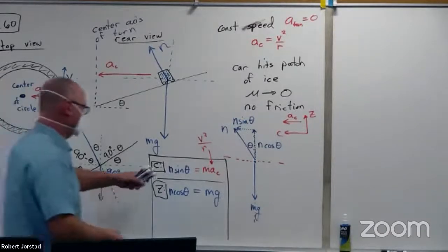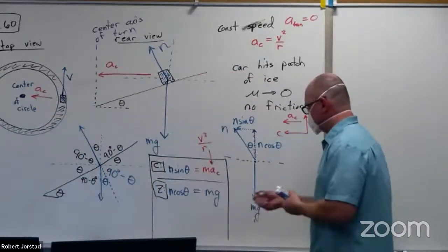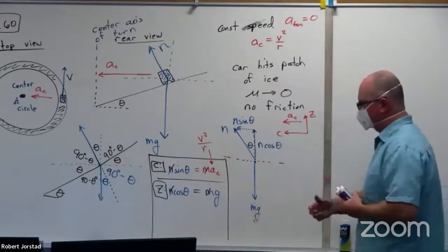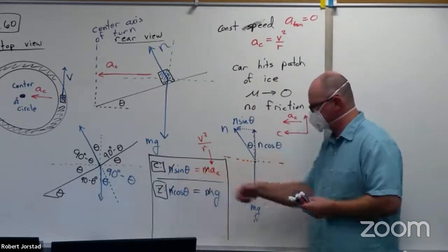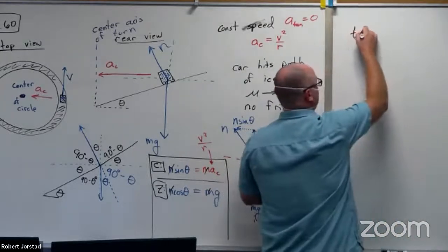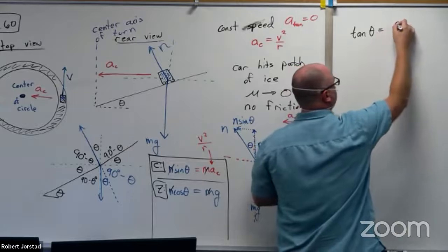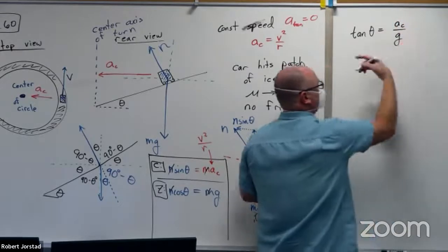So now, bringing this up, when I take a ratio, rewrite it. Oh, cool. What do you get on this side? Tangent theta. Sine theta over cosine theta is tangent theta. You are expected to memorize that. Okay.